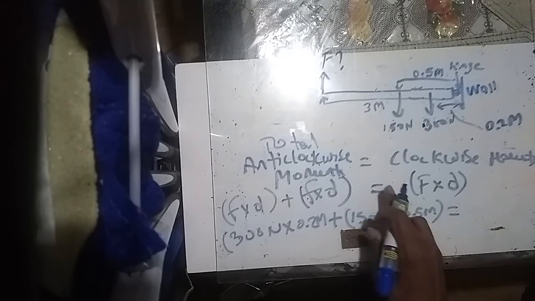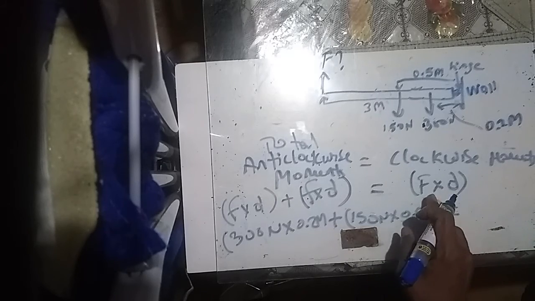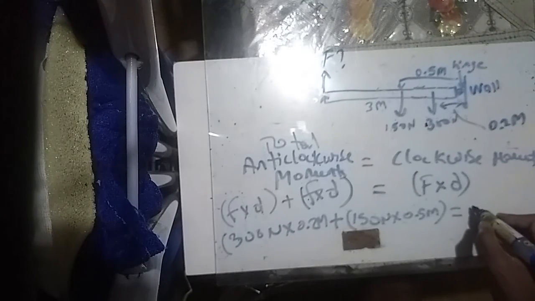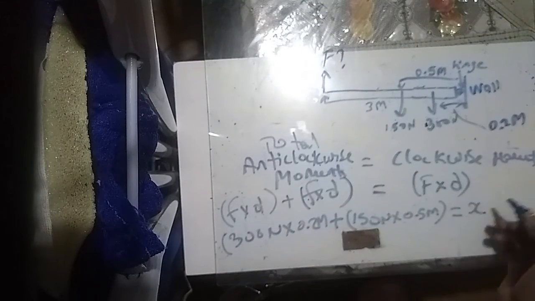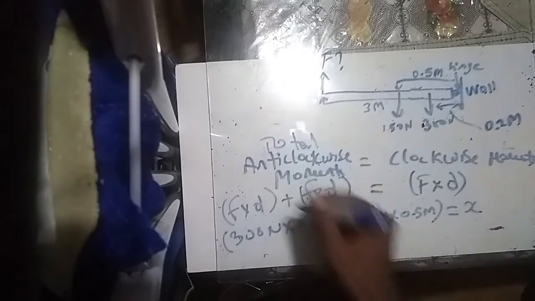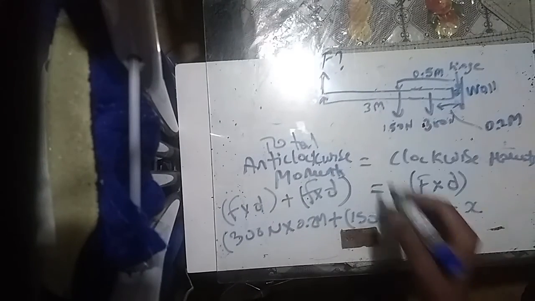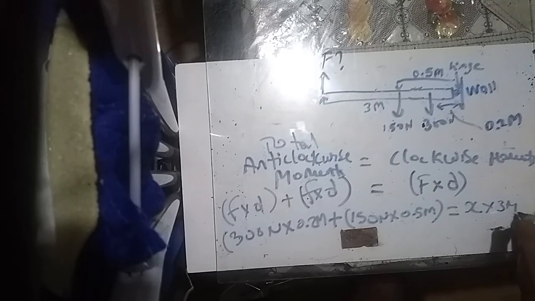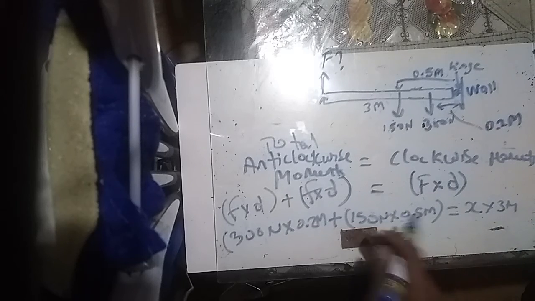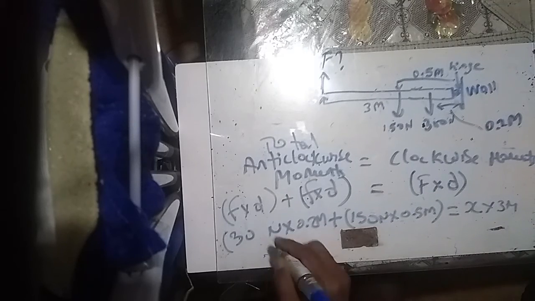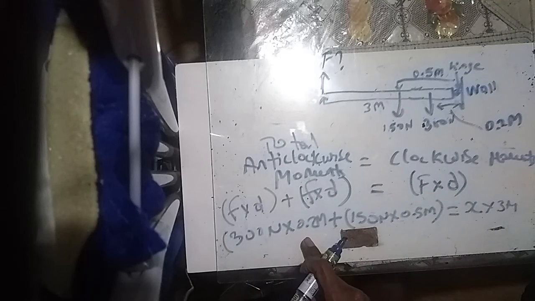Is equal to another force times distance, which is our clockwise moment, which is that upward one right here, x force, x Newtons, because we don't know the force, that's what we're going to find, but we know the distance is 3 meter, times 3 meter, right? Therefore, let's work out this part. As I said, that was 300. So 300 times 0.2, what is that value?